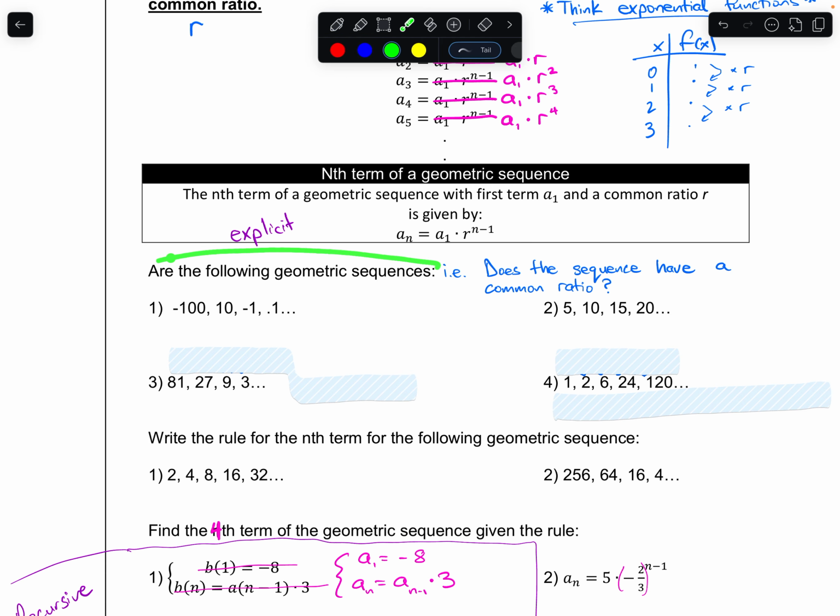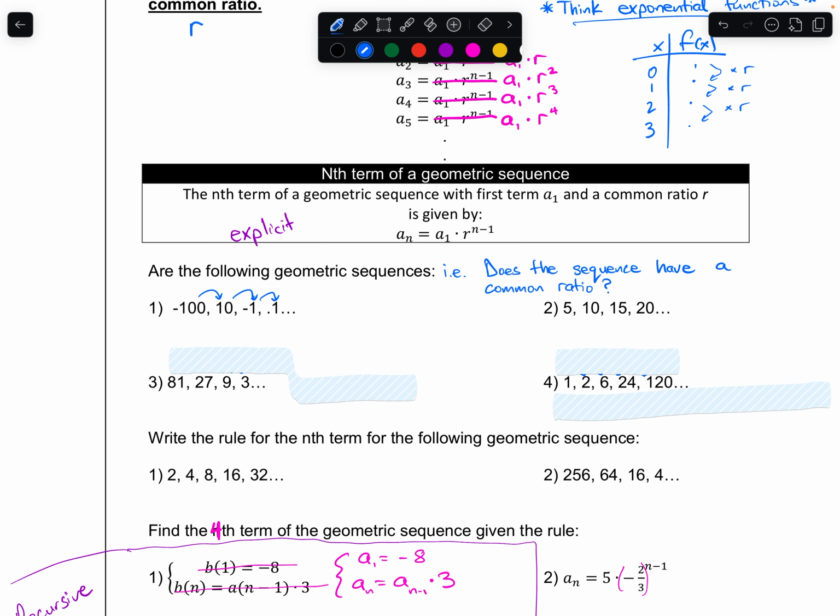I'm asking you to tell me if these sequences are geometric or not. And again, you can say they're geometric if they have a common ratio from one term to the next. So are we multiplying by the same thing from term to term?